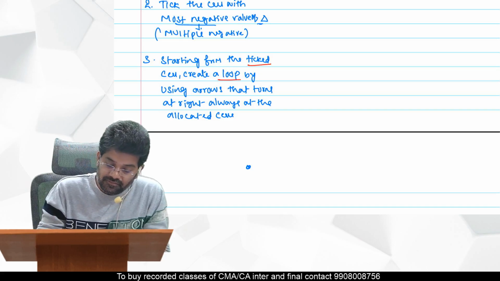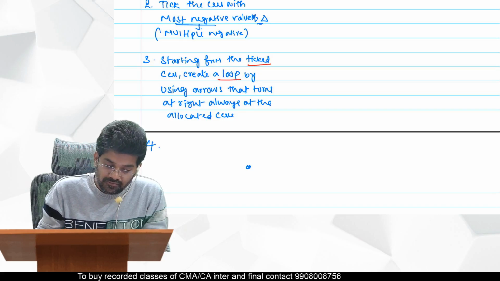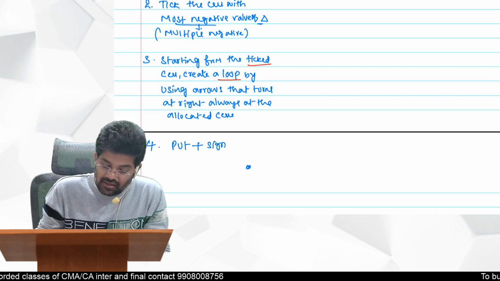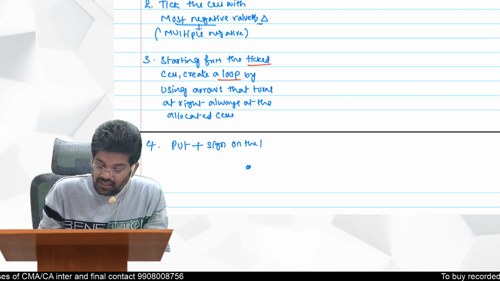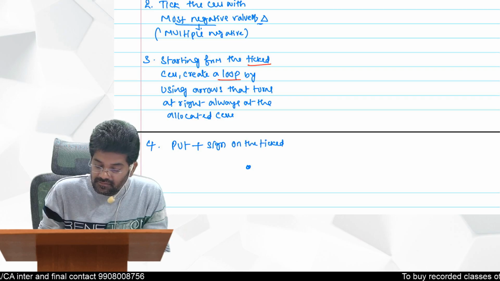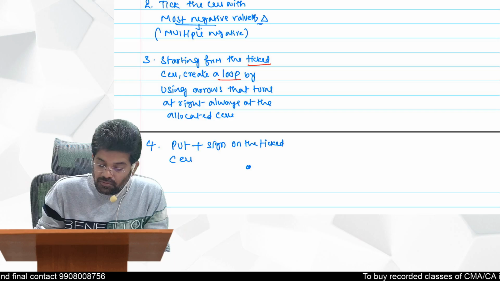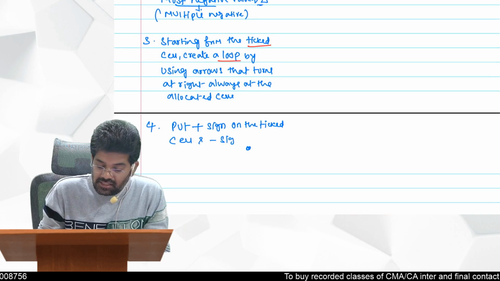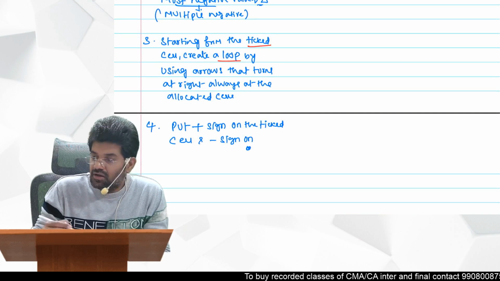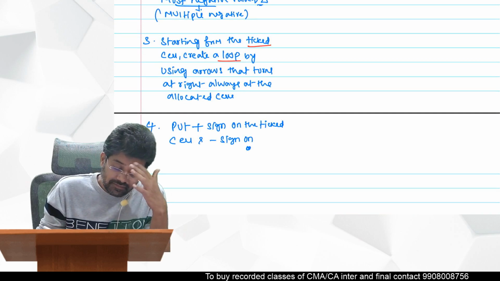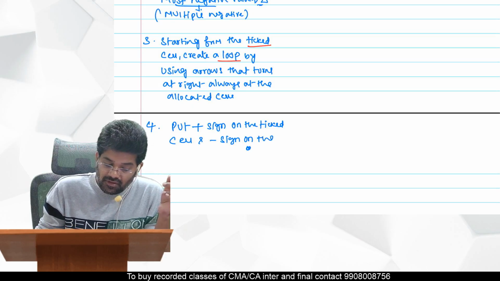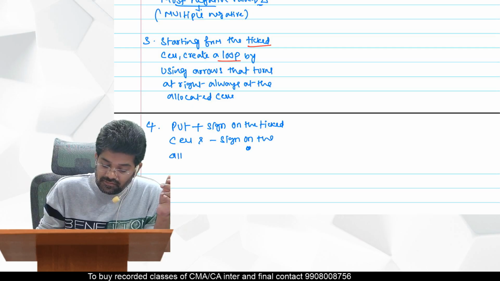Put a plus sign on the ticked cell and a minus sign on the alternate corners.